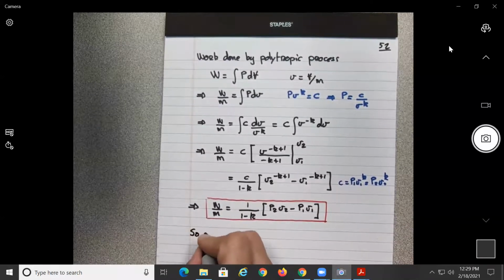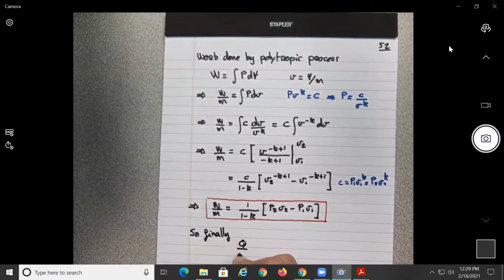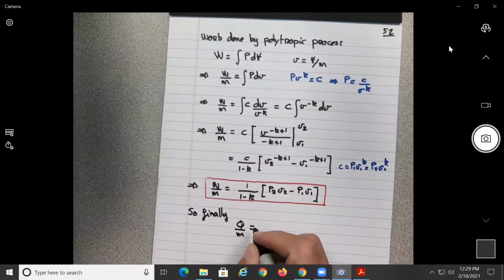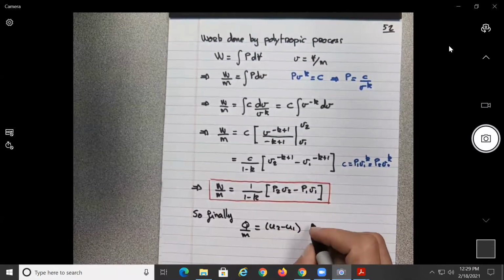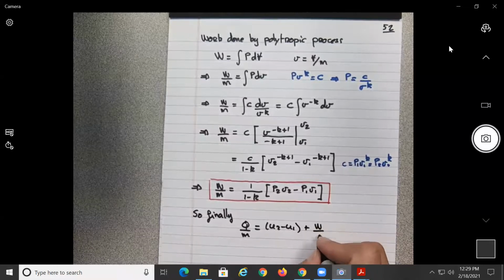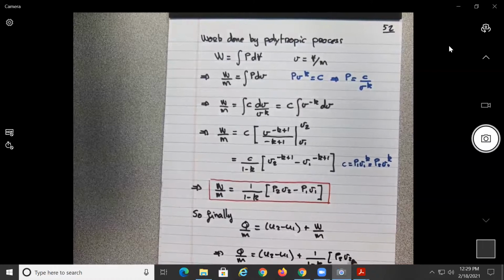So finally, Q over M, which is equal to U2 minus U1 plus work per unit mass, will be equal to U2 minus U1 plus 1 over 1 minus K, times (P2 V2 minus P1 V1).